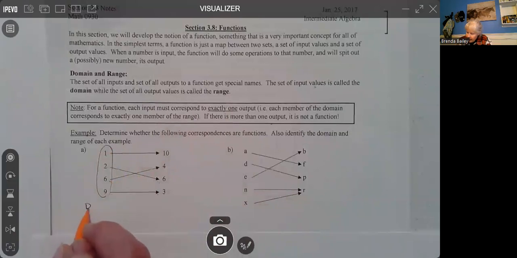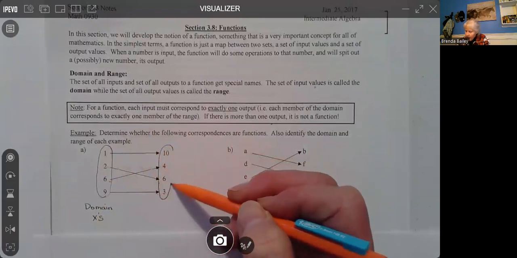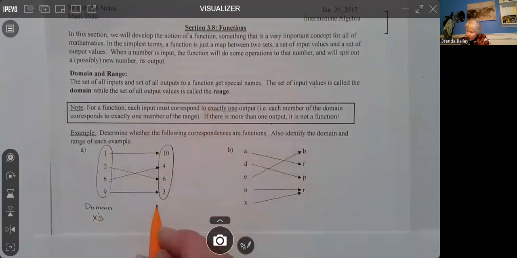So this is the domain, and generally in our equations, these are the x's. It's what's going in. So the domain is what you start with, okay? And then what you get out is called the range.